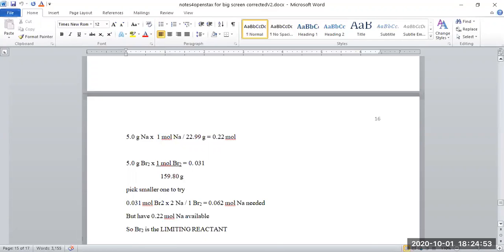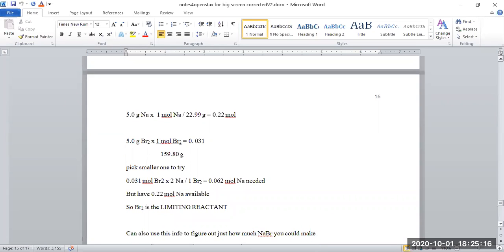When we did precipitation reactions earlier in the chapter, we said sometimes there is no precipitate. In this case, for stoichiometry, sometimes, like maybe 15, 20% of the time, the small one is not the one you run out of, but you need to test it. There are other methods to do this. This is the way I like to kind of teach it. There are other ways to do this.